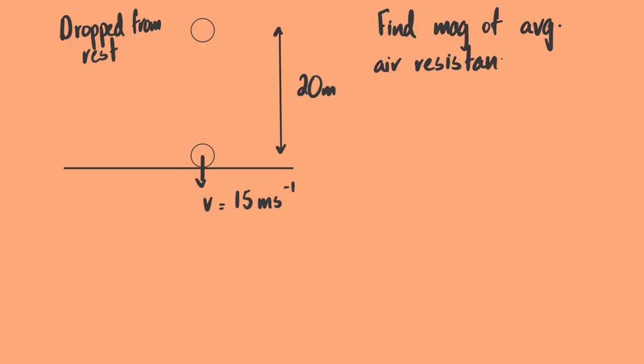Remember how we did this question in the previous video: if there is air resistance or any sort of frictional force acting, it's going to be taking energy away from our system. So I can find the initial value of the energy at this point. Let's call that EI.